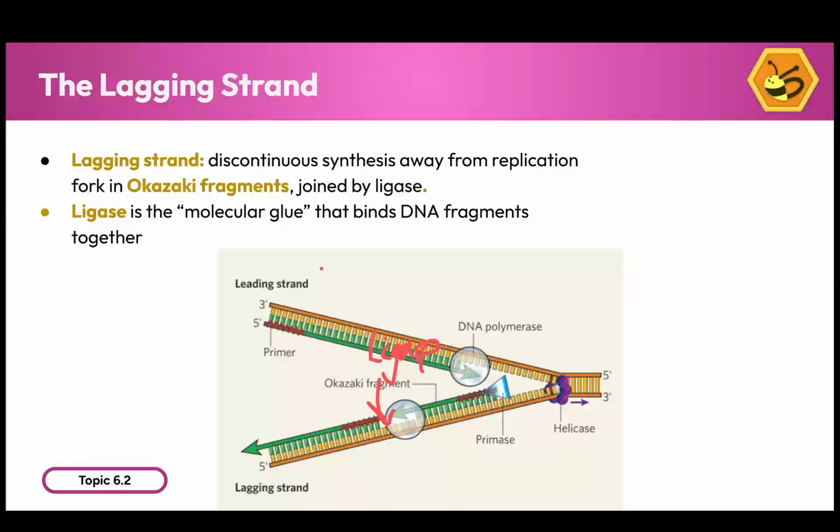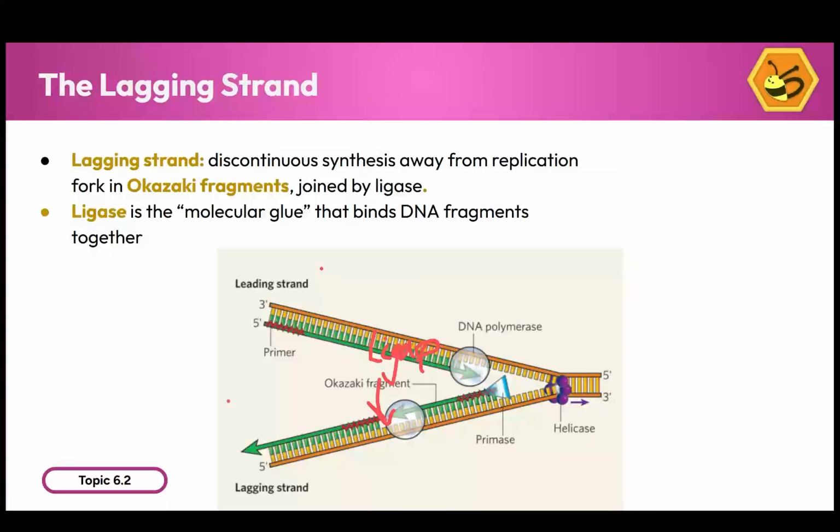The primase is jumping backwards on the lagging strand? By backwards, I'm not too sure what you mean by that, but primers are being added to signal replication. Towards 3 prime, yes.